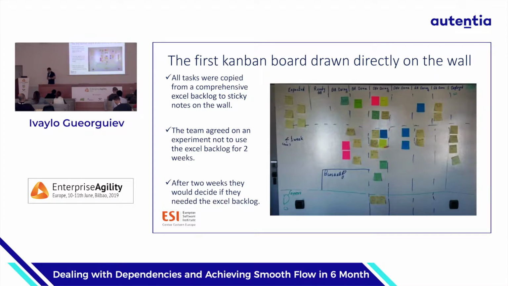And then I had to travel for the next 2 weeks, so I told them, okay, guys, let's make an experiment. Just hide the backlog, and in 2 weeks, I'll come again, and we'll talk about it. So they agreed. We had a gentleman's agreement that they will not use it. They will use only the labels on the wall.